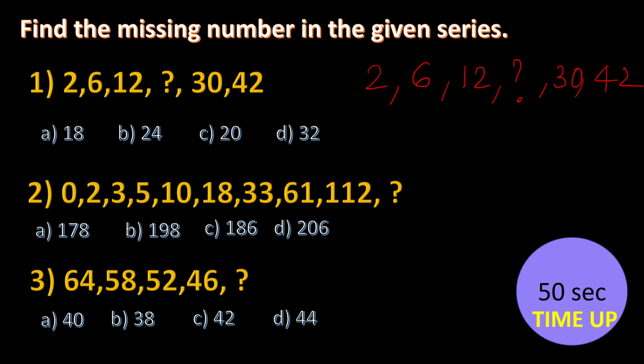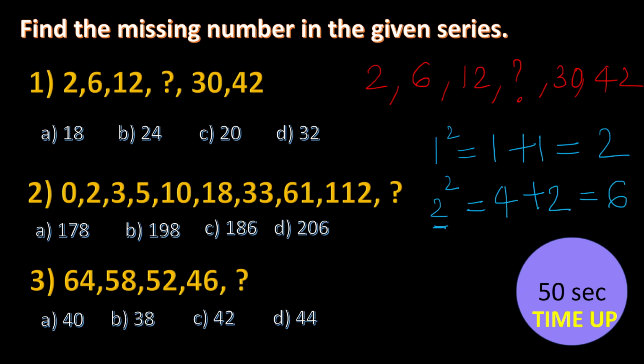If you carefully check, 1 square gives you 1, plus 1 will give you 2 as the answer. Then 2 square is 4, plus whatever number you are squaring, that you need to add, that will give you 6. 3 square is 9, plus 3 will give you 12.